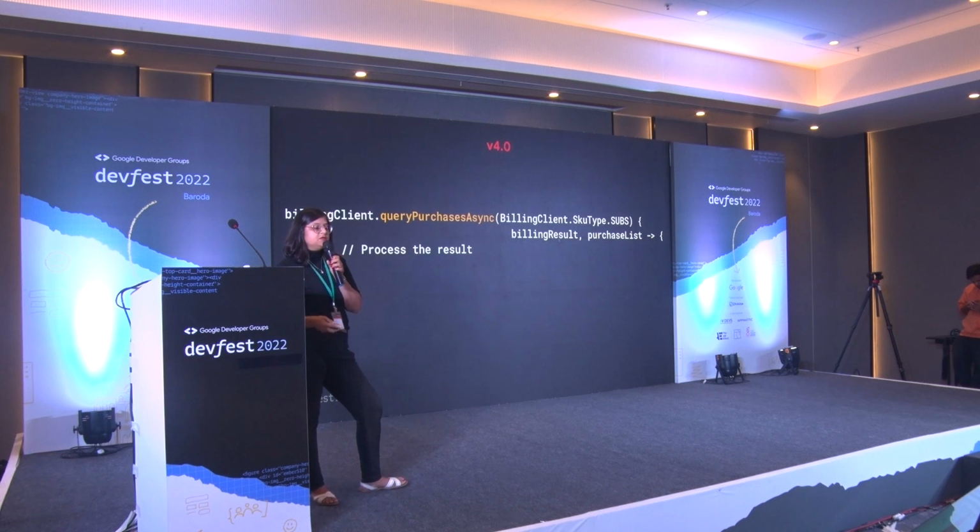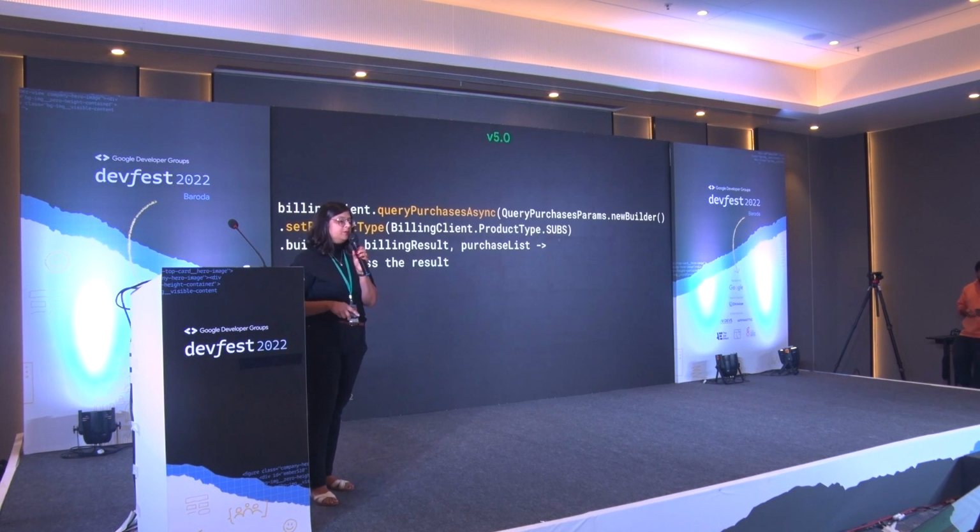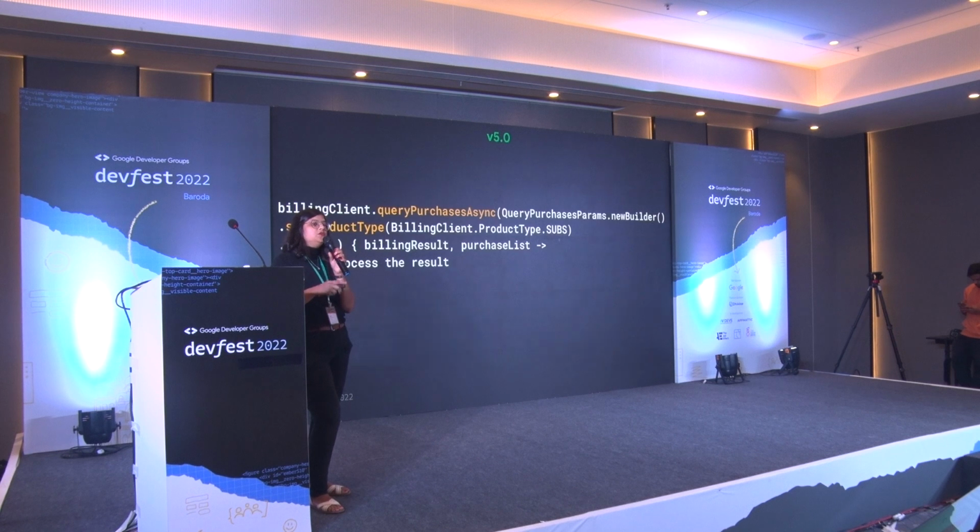So this comes in handy. This gives you a list of purchases that your user has already made. Earlier it was a simple call like this, but now you have to give the product type as well, and then it gives you a list of purchases that the user has subscribed to in your application, so that you can cater your user experience accordingly.